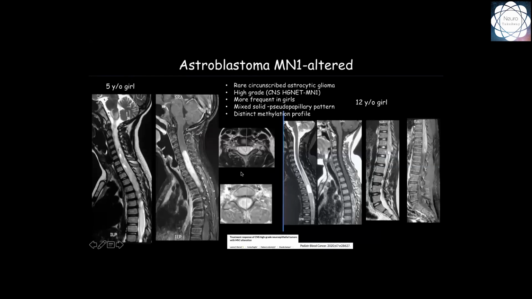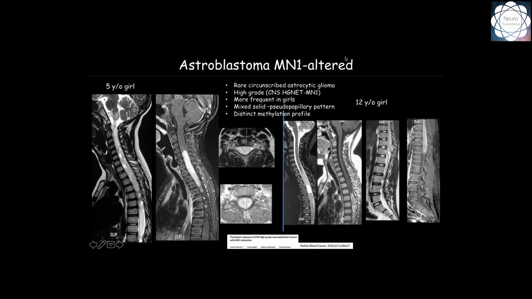Well, now I would like to show you some very interesting but uncommon cases that we had the opportunity to see in our center. For example, these 2 tumors that we interpreted as ependymomas because they had the typical characteristics. Look at this, the cap sign, the avid enhancement pattern, the edema, but they turned out to be astroblastomas, MN1 altered.